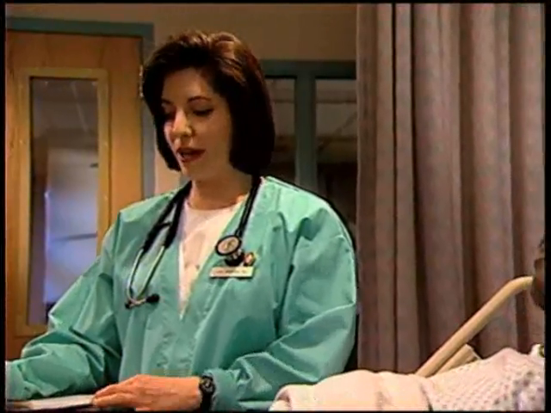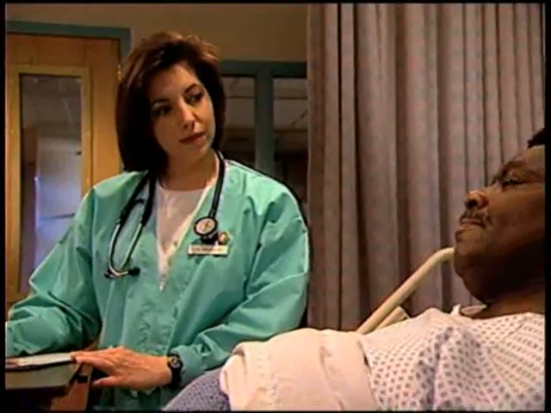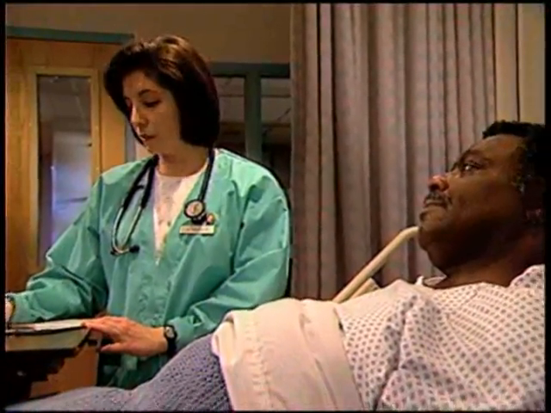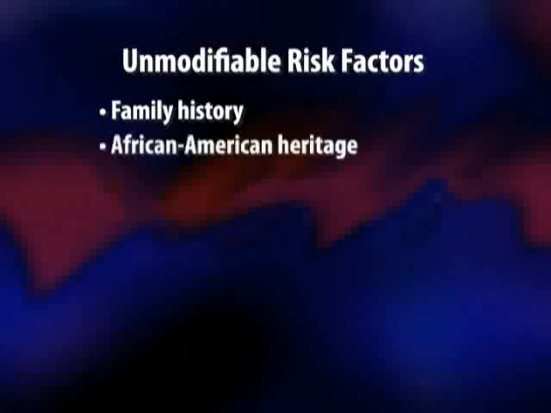Several factors increase the risk of developing primary hypertension. Some risk factors can't be modified, but others can, with lifestyle changes. Unmodifiable risk factors include a family history of hypertension, African American heritage, and advancing age.